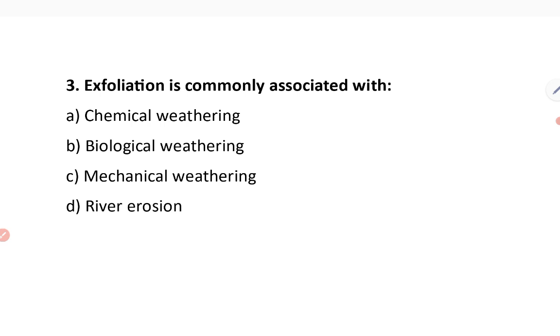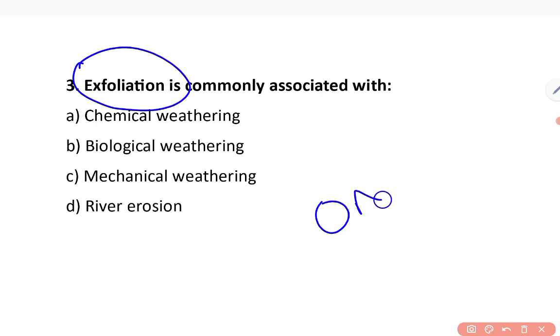Third question, first pause the video and try to answer it. Exfoliation is commonly associated with which type of weathering? In exfoliation, due to intense heat, layers of rock disintegrate layer by layer like an onion peel.